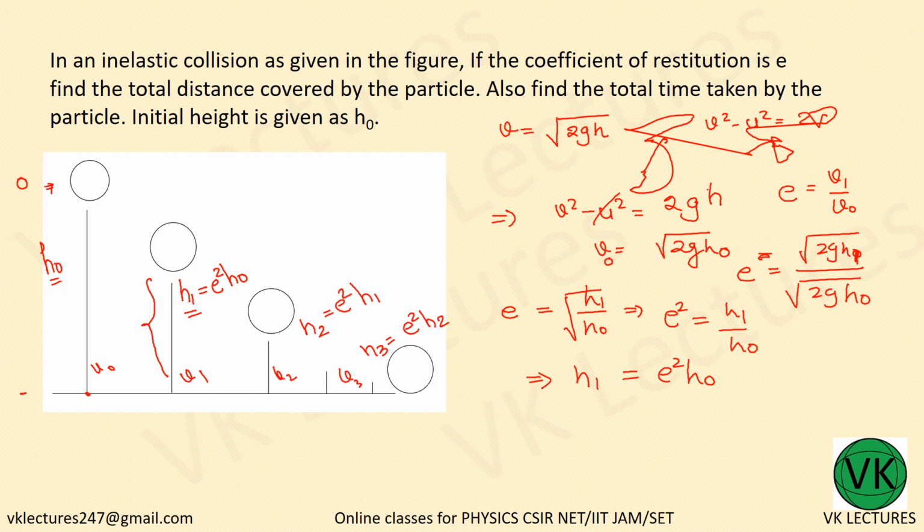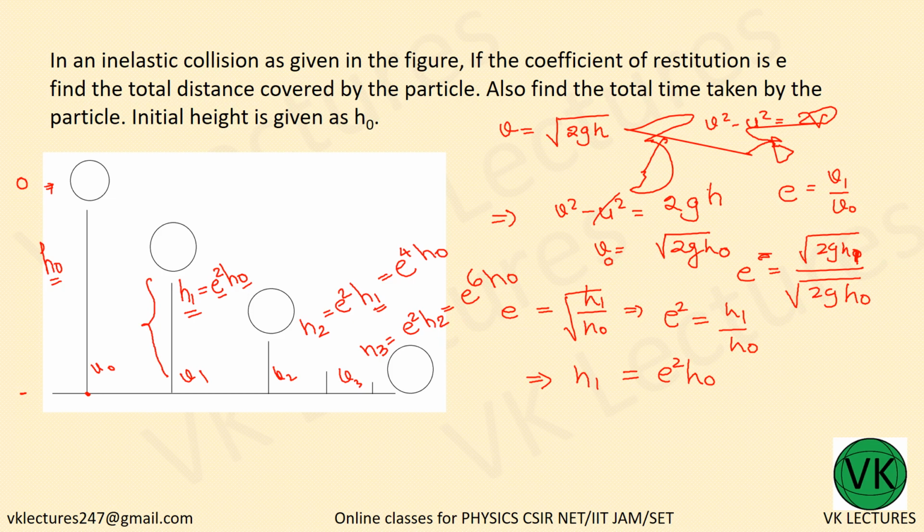Yeah, then this is e square h naught, this is e square h1, but again h1 is nothing but e square h naught, so this I can write as e to the power 4 h naught. This I can write as e to the power 6 h naught.